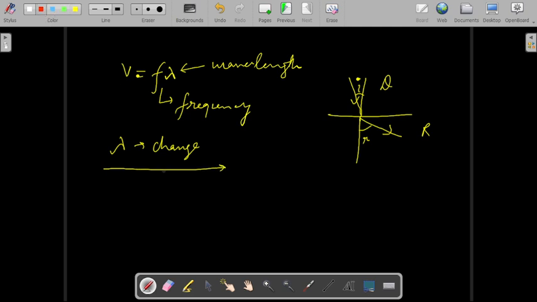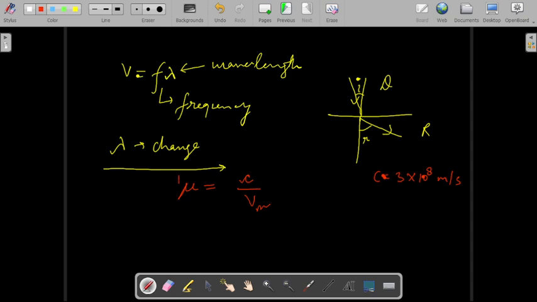The refractive index is further defined in terms of the velocity of light. Refractive index is the ratio of the speed of light in air or vacuum, which we know is c, whose value is 3 into 10 to the power 8 meter per second, to the speed of light in that particular medium.